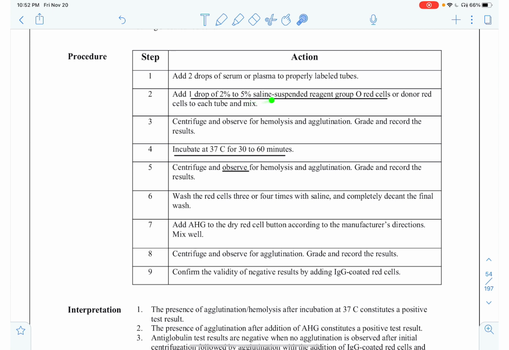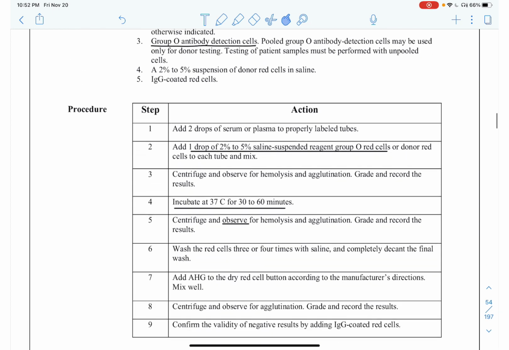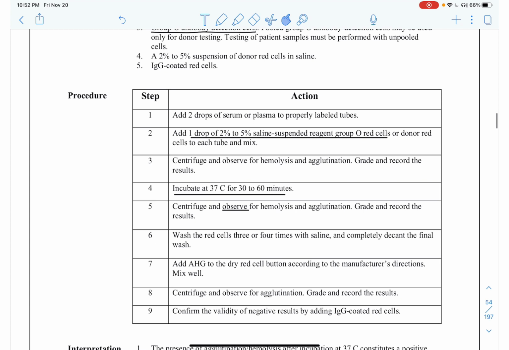So this is where our saline is added, but really it's just 2 drops of serum and 1 drop of a red cell suspension, group O. Then as the procedure continues, we take this all the way to the indirect antiglobulin testing phase. So in saline method, this typically takes 30 to 60 minutes.